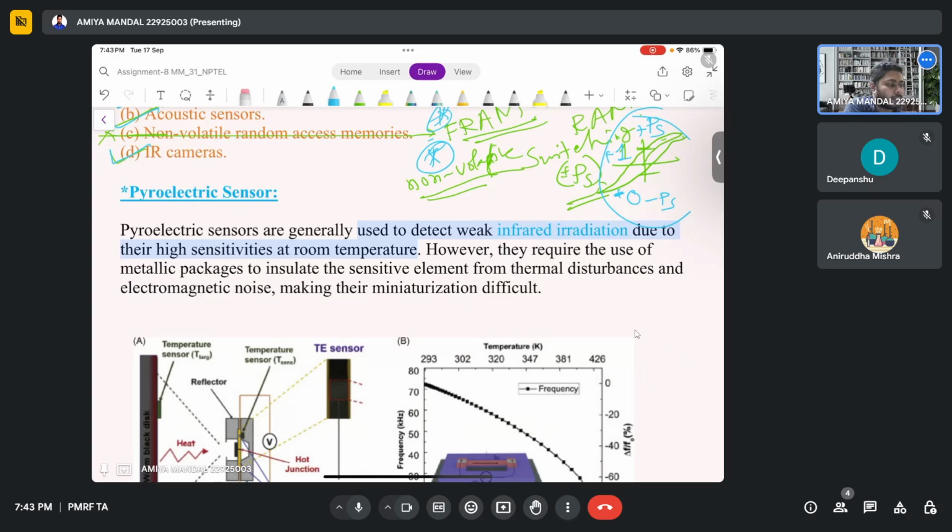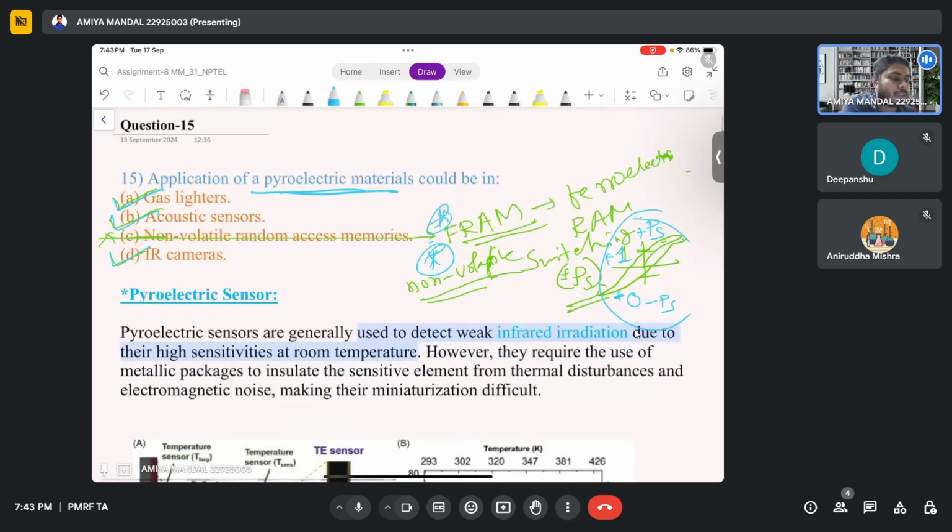Pyroelectric sensors measure charges generated with a temperature difference. So there is always a difference of temperature. Infrared radiation creates the temperature difference. That's why charges are generated. That's why pyroelectricity is important here.